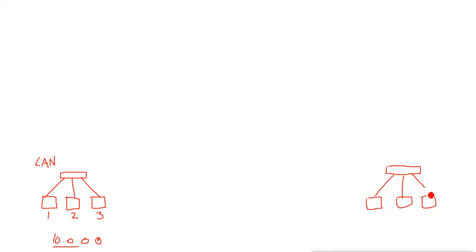Now we cannot connect a cable from this network to that network because it is in a different country. Maybe this is in Africa and this is in America. So we cannot put a cable from here to there, but the ISP can do that.